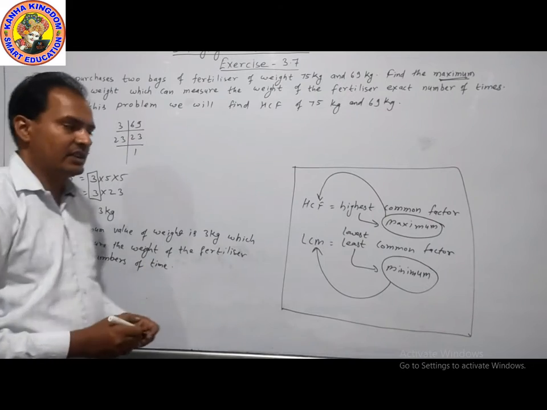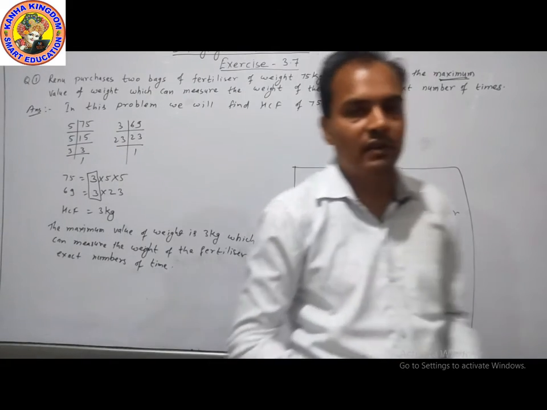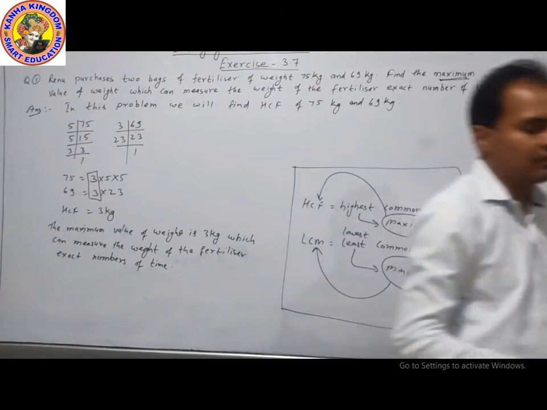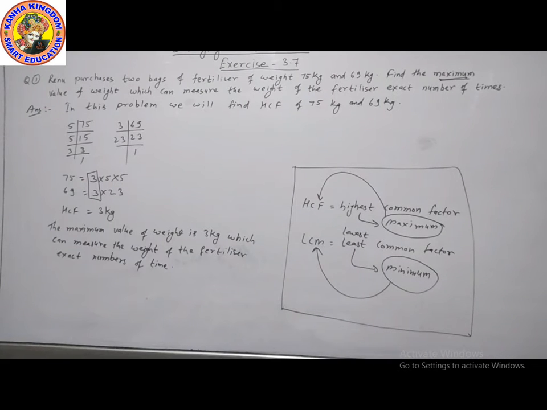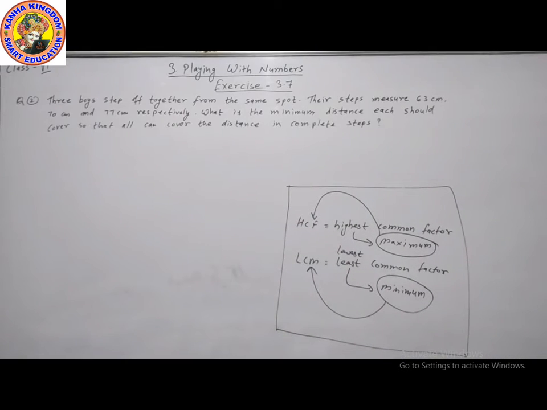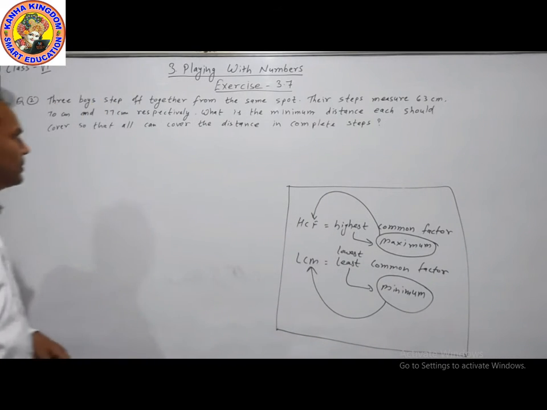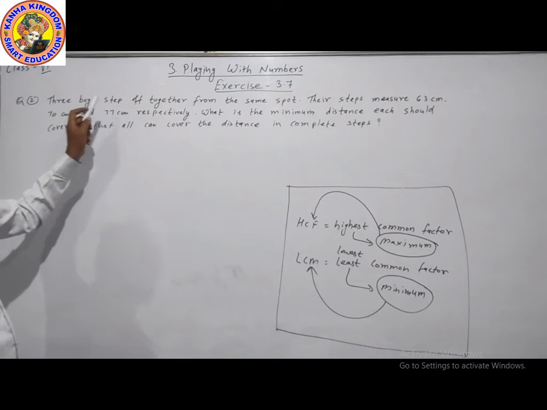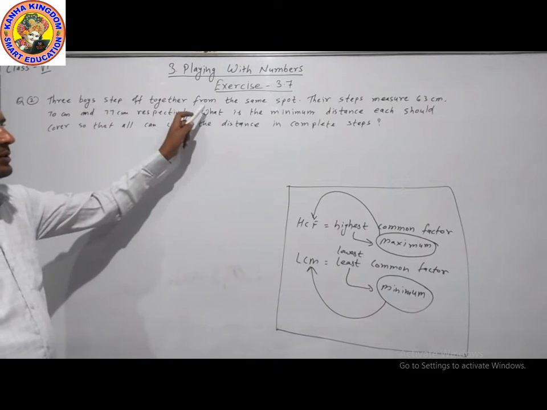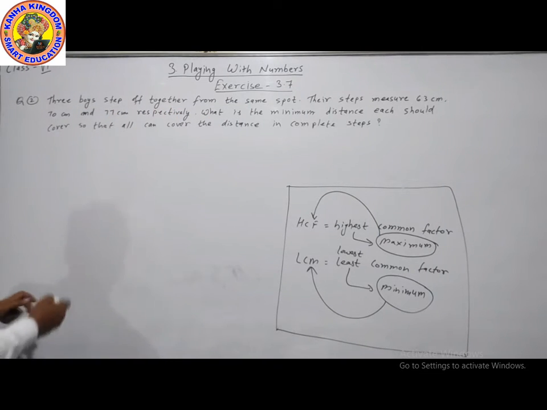You can take a screenshot of this. We will move to our next question. Now our next question is question number 2. 3 boys step up together from the same spot.